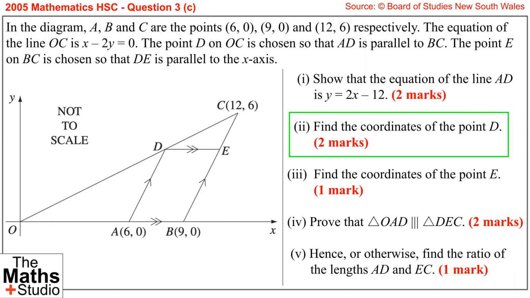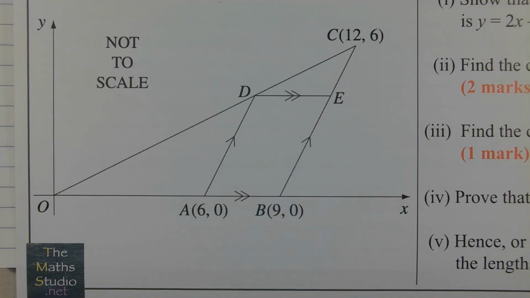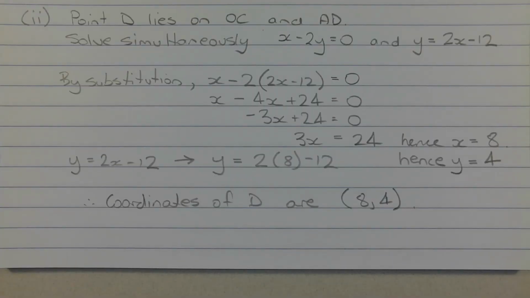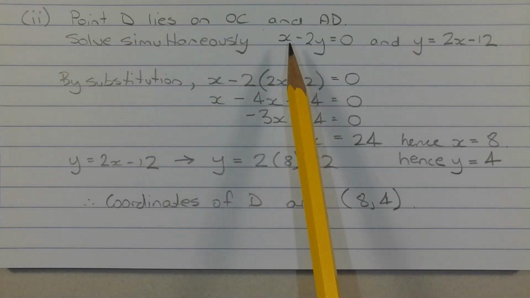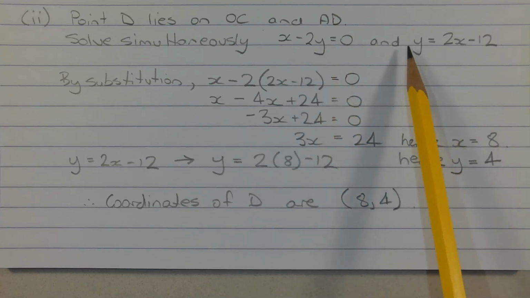Part 2. Find the coordinates of the point D. The point D lies on OC and AD. So to find the coordinates of point D, we need to solve simultaneously the equations of OC and AD. So we're going to solve simultaneously x minus 2y equals 0 and y equals 2x minus 12. I'm going to employ the substitution method here.